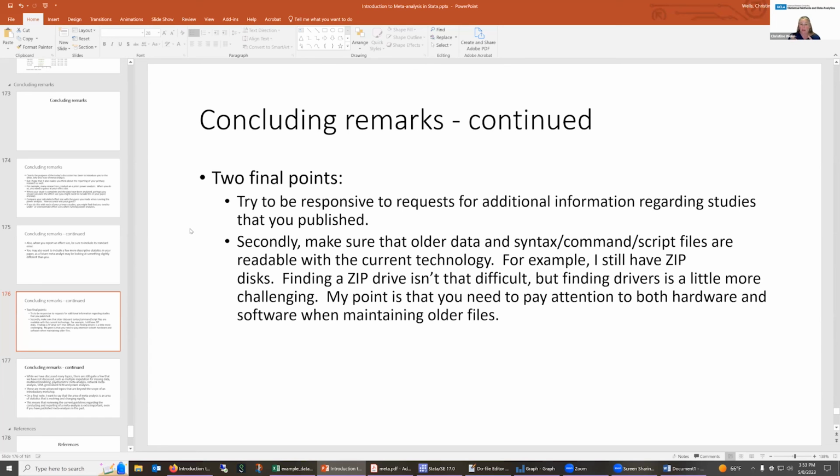But finding the zip drive isn't difficult, finding the drivers for your computer is a little more challenging. My point is, try to keep your files up to date so that you can go back and do your own meta-analysis on your own research, if that's going to be a thing. But keeping your data in some current readable format is always a worthy endeavor.